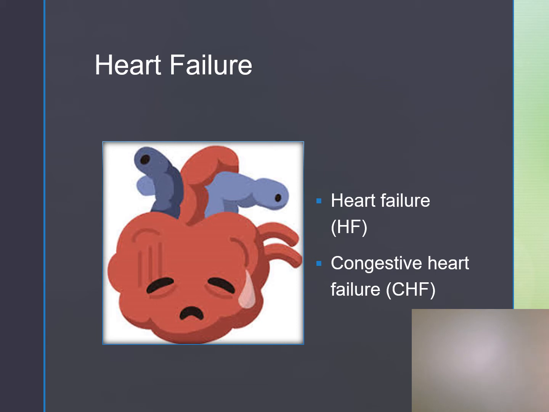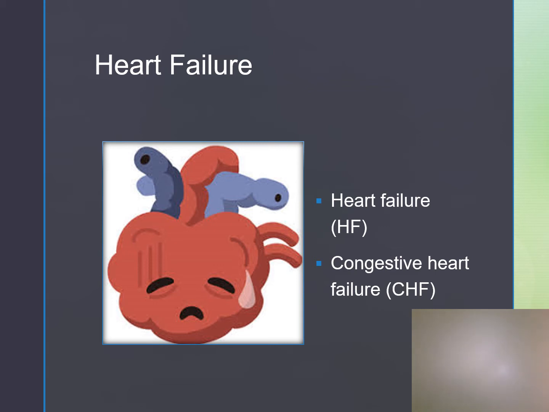So with left-sided heart failure, this will result from various conditions that will impair the left ventricle's ability to eject blood into the aorta, and causes might include a myocardial infarction, cardiomyopathy, and hypertension. With right-sided heart failure, this will result from the right ventricle failing to eject blood into the pulmonary artery, and it causes congestion of blood in the venous vascular system.